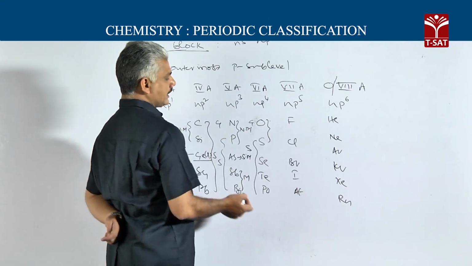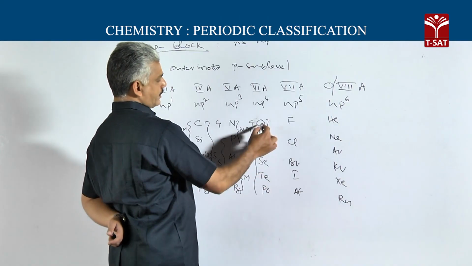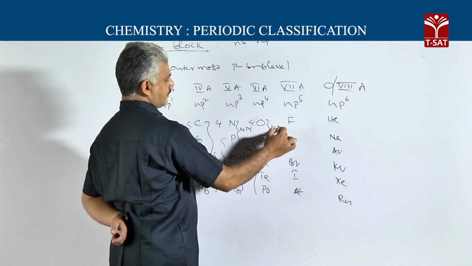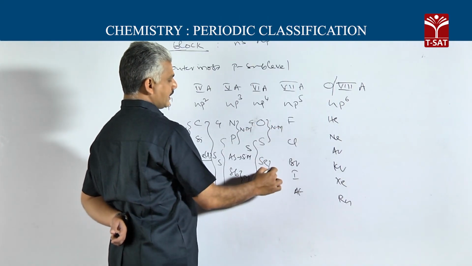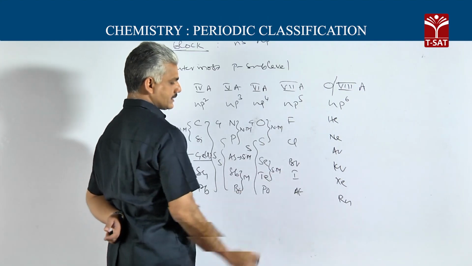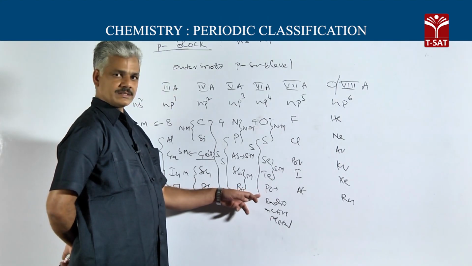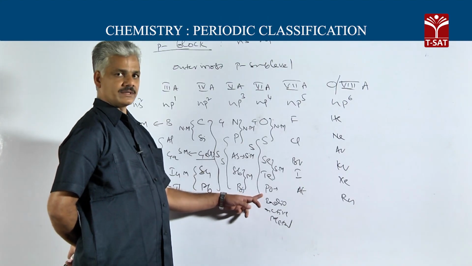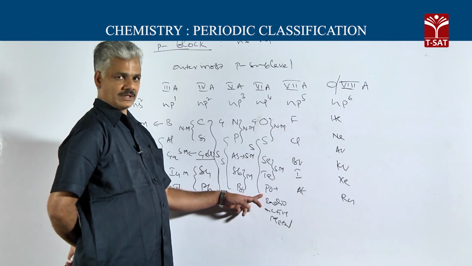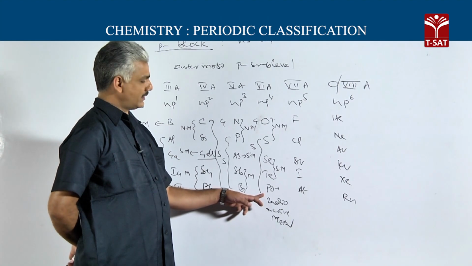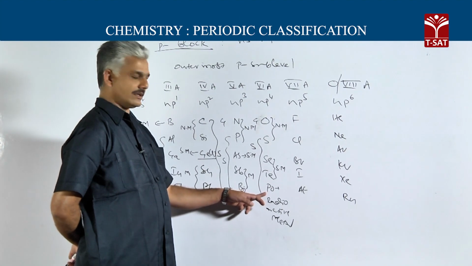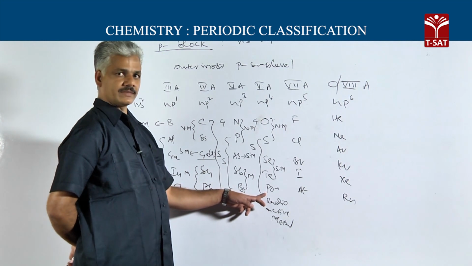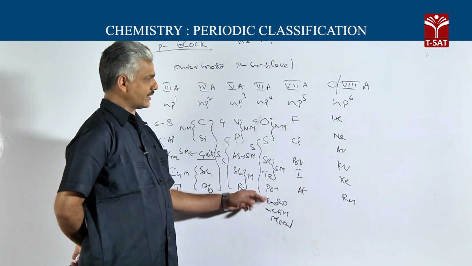Coming to their metallic and non-metallic character, oxygen and sulfur are non-metals, selenium and tellurium are treated as semi-metals, polonium is a radioactive metal. This element was discovered by Madame Curie and in honor of her country is named as polonium. She is from the country Poland.